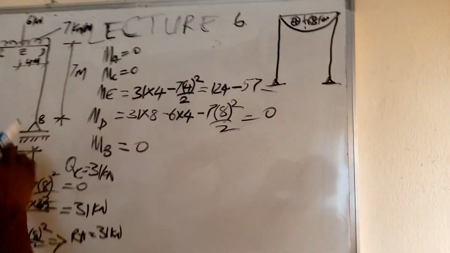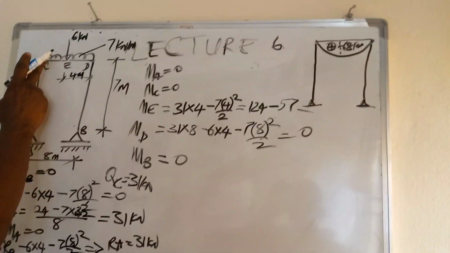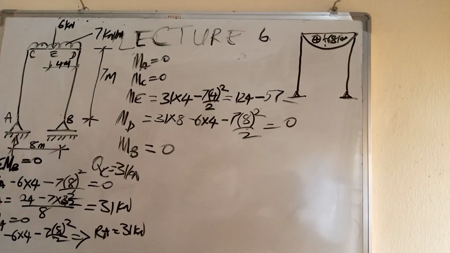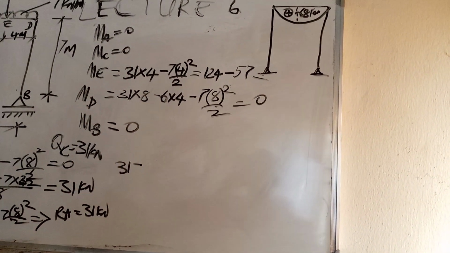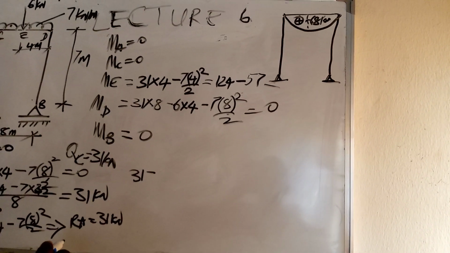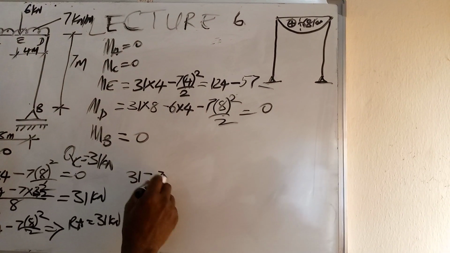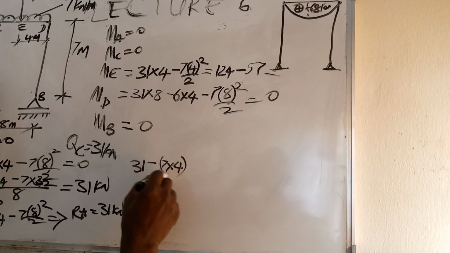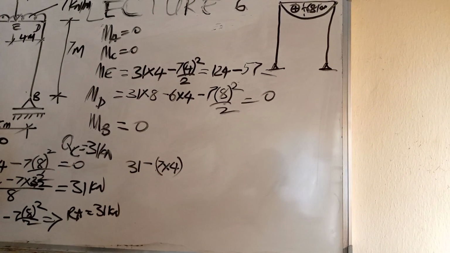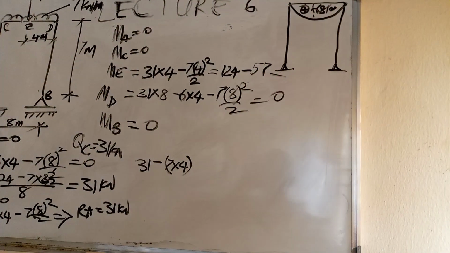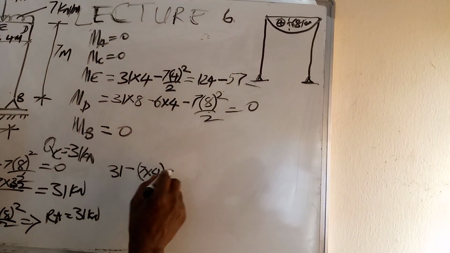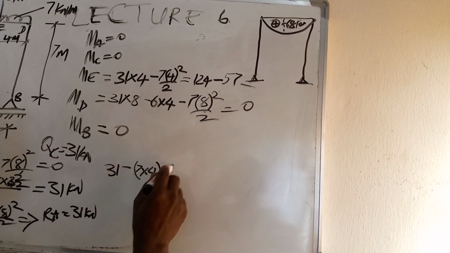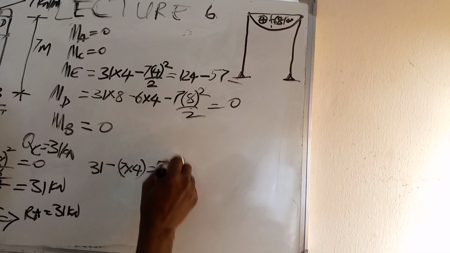As we are moving along CE, the shear force becomes 31 minus the load, which in this case is 7 times 4, which is 31 minus 28, about 3 kilonewton.